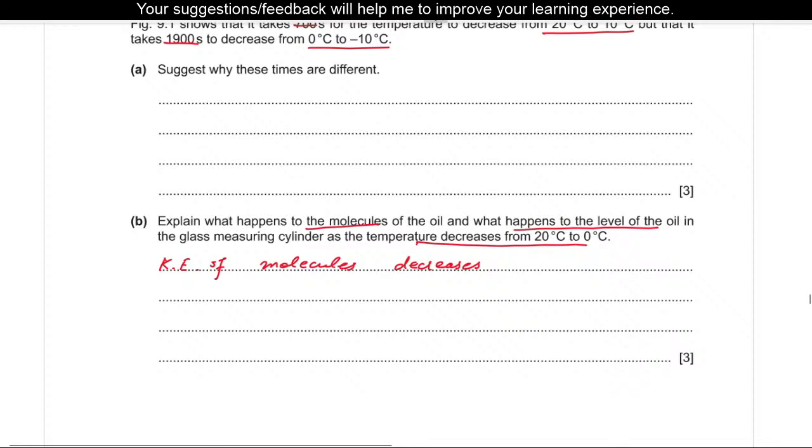Secondly, it asks about the level of the oil.